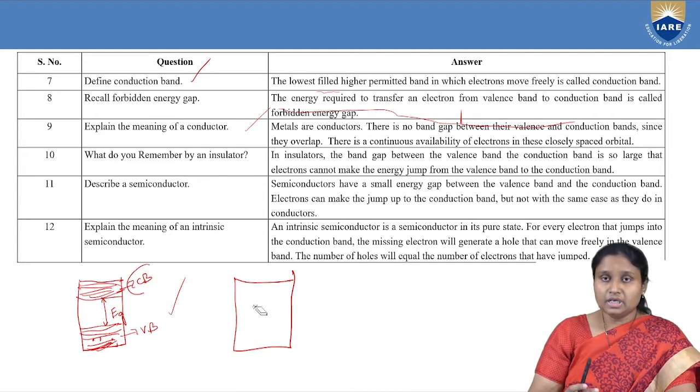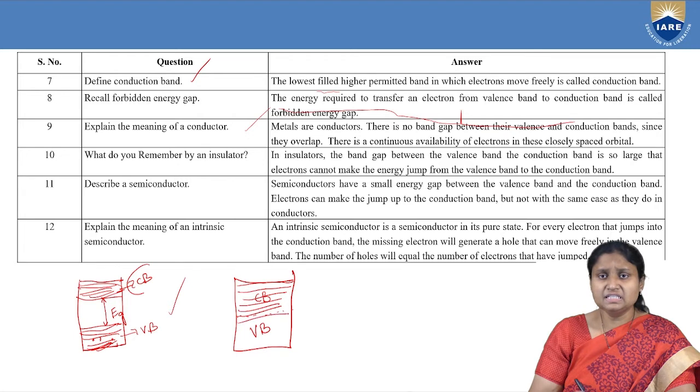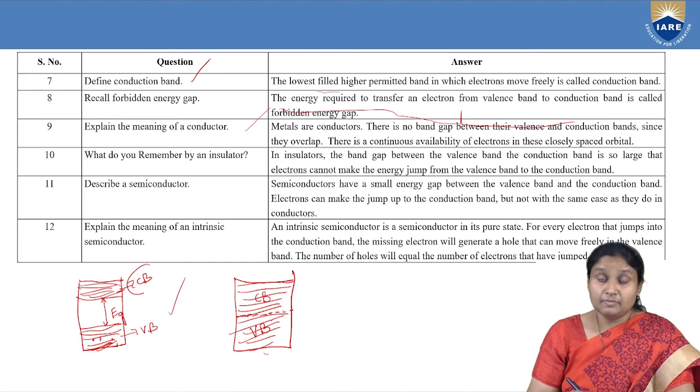And when we talk about conductors, generally we'll say that there is no forbidden energy gap. So this is our valence band and this is our conduction band, and here we have a series of energy levels. In the valence band also we have a series of energy levels. Now as you can see, there is no forbidden energy gap. What does it indicate?